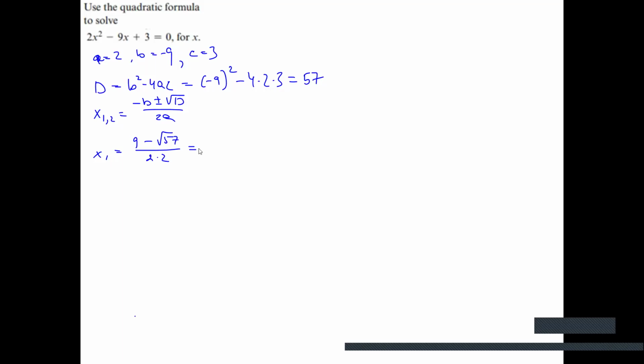Seems to me we had that already, right? And x2 is 9 plus root of 57 divided by 4.